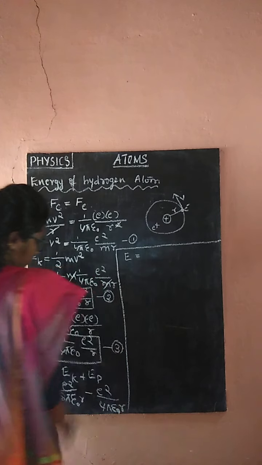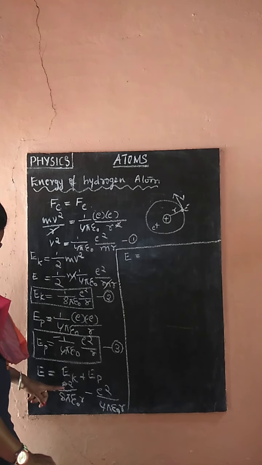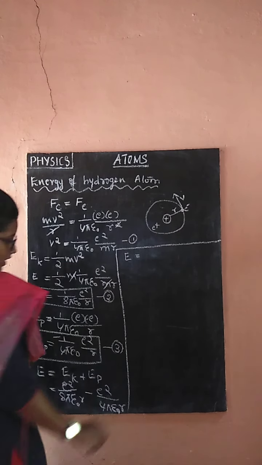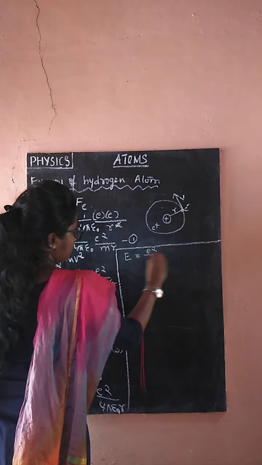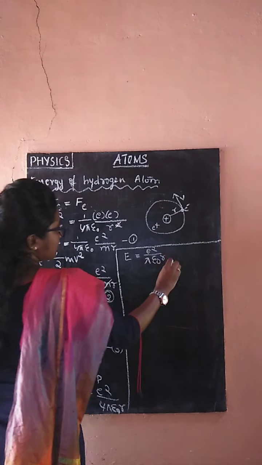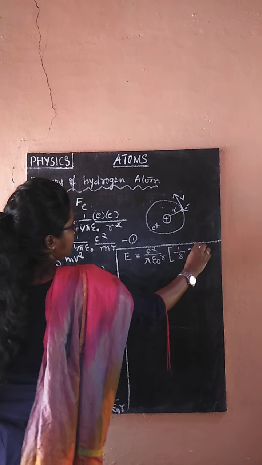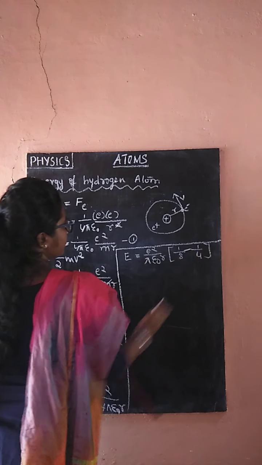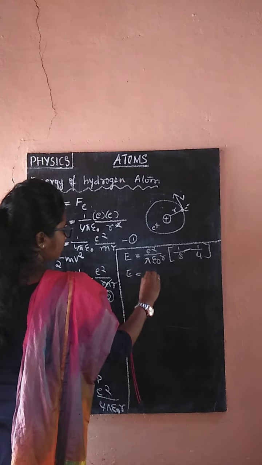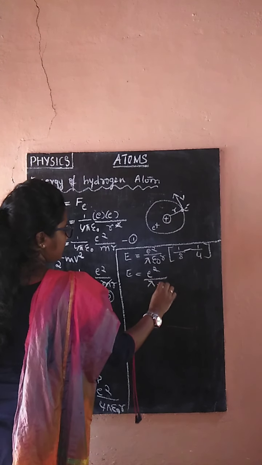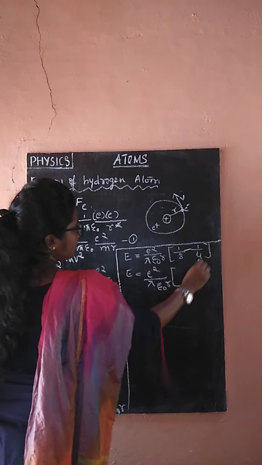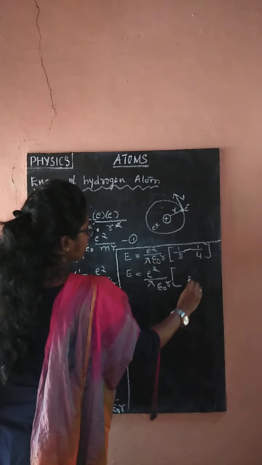So E equal to e square by pi epsilon naught R is common, times 1 by 8 minus 1 by 4. So e square by pi epsilon naught R, by taking the LCM of 8 and 4, I will be getting 8.